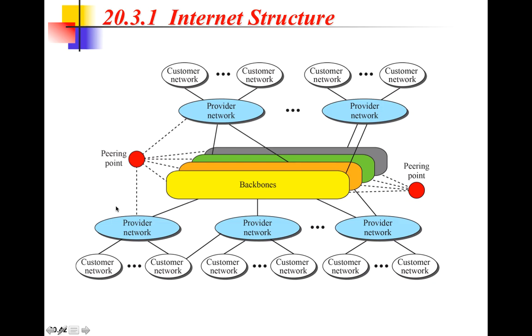Now, it's obvious that the technology used by each company will be different. Some would like to use Cisco, some would like to use some other hardware technologies. Some would like to use LAN. A customer network wouldn't mind using a LAN, whereas the backbone networks would use more reliable high-speed technologies.